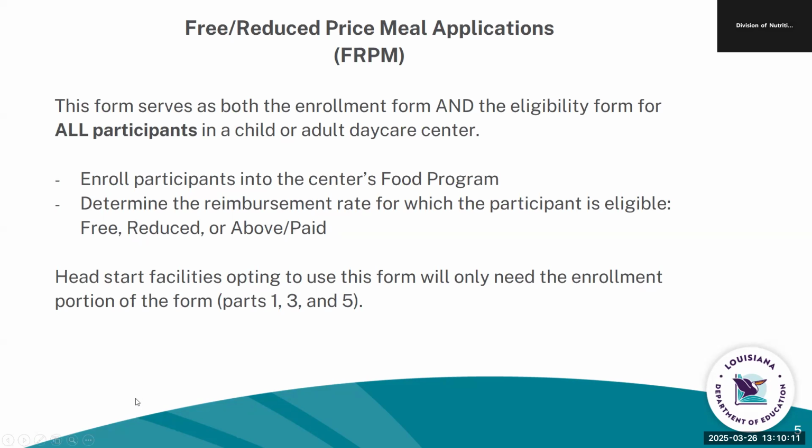For the Child and Adult Care Food Program, for a child or even an adult daycare center, that free and reduced price meal application serves as both of those forms. Okay, so when you're filling that out in Kid Care, you're going to put the enrollment dates and the enrollment expiration date, and you're going to put that IEF expiration date. That is all the same form. More than likely, those two dates will be the same.